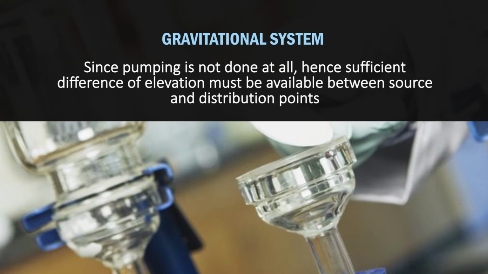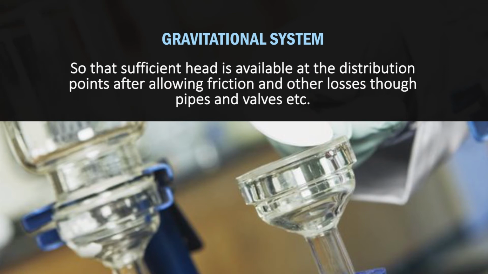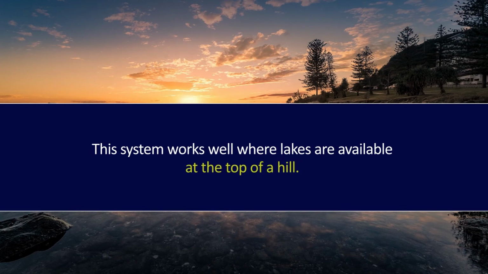Since pumping is not done at all, a sufficient difference of elevation must be available between source and distribution points so that sufficient head is available at the distribution points after allowing friction and other losses through pipes and valves, etc. This system works well where lakes are available at the top of a hill.